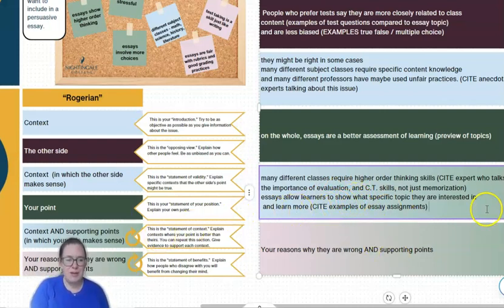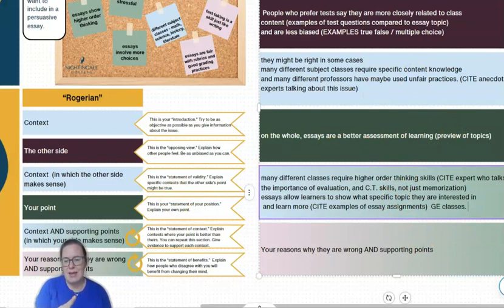And I'm going to talk about that in the specific context, let's say, of GE classes. That I have to take a class that I'm maybe not really interested in, but it's general education. It's a requirement. And so essays allow me more variety, more options. And so I've talked about, in my specific way, an assessment of learning.